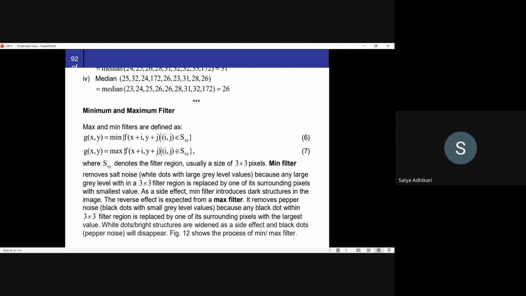So white dots or bright structures are widened as a side effect, as black dots will disappear, because this filter takes the maximum value. Maximum value means brighter, so any darker value is replaced by the brightest value. That is why it is called pepper noise. Most of the time you will get a question: what is salt noise and what is pepper noise? You have to write the definition and don't forget to write its demerits.